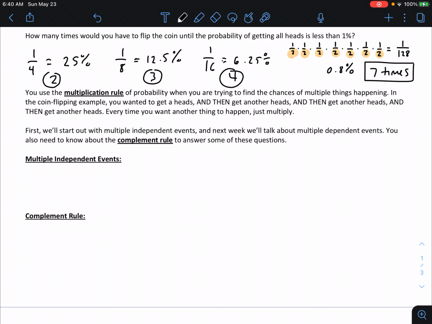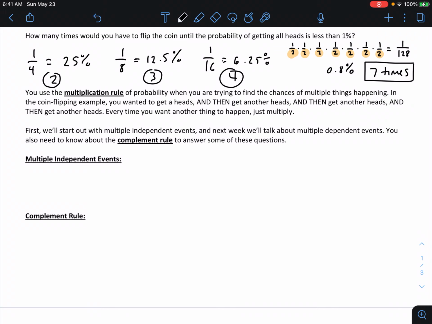You just multiply those probabilities together. So first we're going to talk about multiple independent events, and next week we're going to talk about multiple dependent events. Okay, so there's a subtle difference in the words there. There's another thing that we need to know, though, and it's called the complement rule to answer some of these questions.